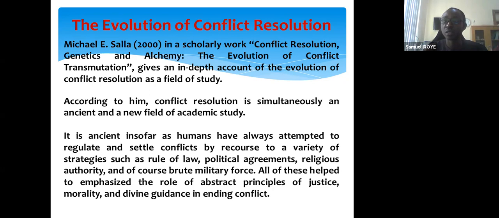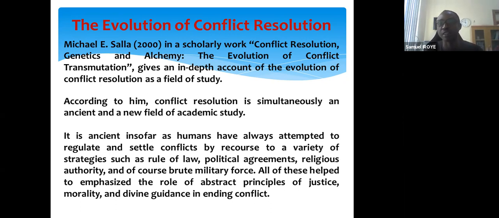I mean, the study of conflict resolution is ancient insofar as humans have always attempted to regulate and settle conflicts by recourse to a variety of strategies, such as rule of law, political agreement, religious authority, and of course, brutal military force. That is, the practice of conflict resolution has existed for a long time by virtue of various mechanisms used by people or groups of people to settle their issues.